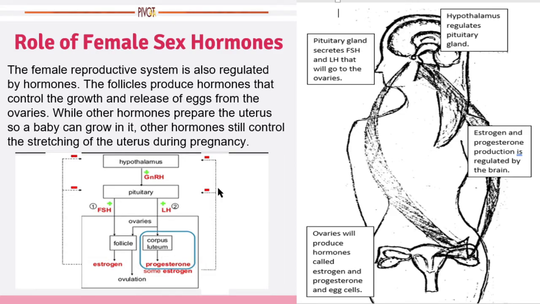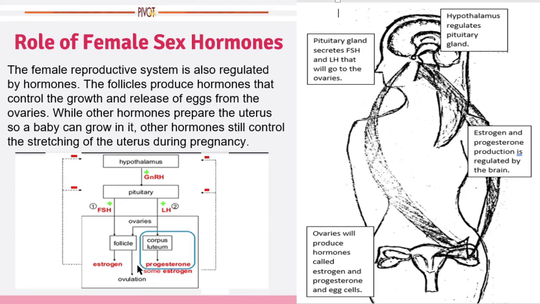Now we will also notice the negative sign and the positive sign. Again, the positive sign is for positive feedback and the negative sign is for negative feedback. Remember, the presence of a substance influences the presence of another substance. The presence of the estrogen hormone will send a negative feedback to the hypothalamus and pituitary gland to slow down the production of FSH.